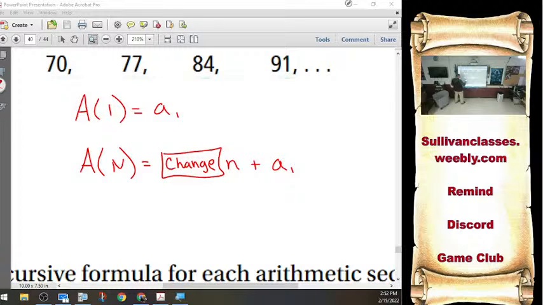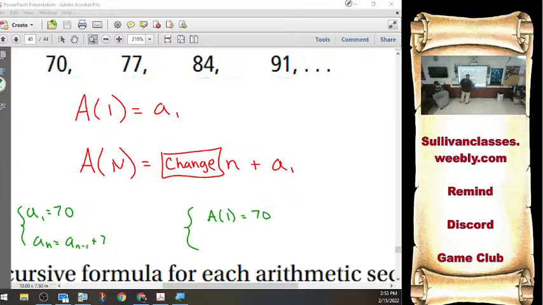So they want you to say a sub 1 or a of 1. The way that you're supposed to do it is a sub 1 is 70, a sub n is a sub n minus 1 plus 7. The way the book wants you to do it, and I have to show you this because this is the way that the other classes will be doing it, is they want you to say a of 1, like a function, is 70.